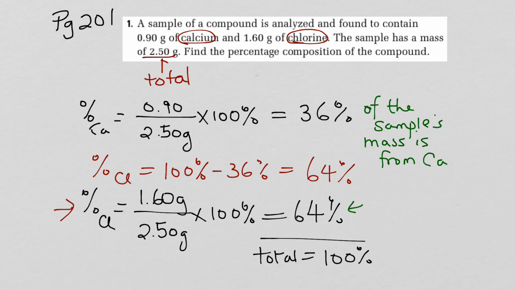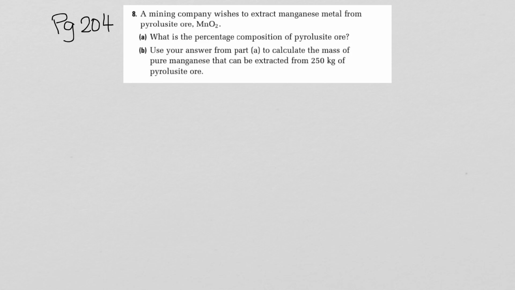And then 64% of the sample's mass is from chlorine. So that's what those numbers mean. It doesn't mean 36% of the atoms, because these elements, calcium and chlorine, each atom of calcium, each atom of chlorine have very different masses, but it's 36% of the total mass.